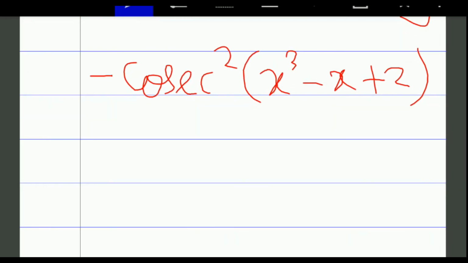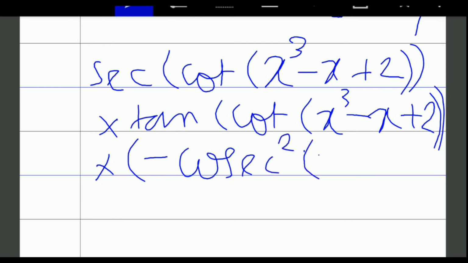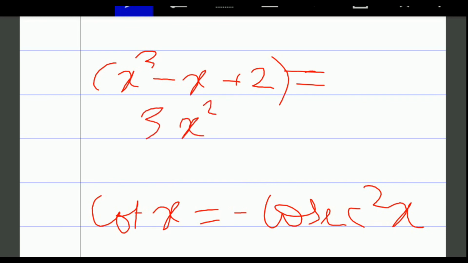Now we have to multiply this with the result, so it gets multiplied with this: minus cosec square of x cube minus x plus 2. Now as you know, the derivative of x cube minus x plus 2 is 3x square minus 1.